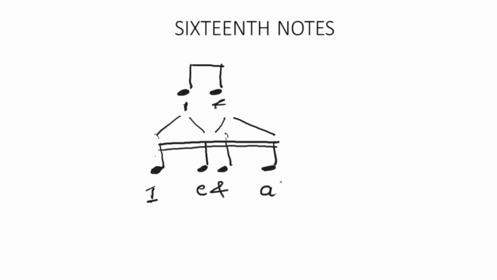So it will be 1 E and A, 1 E and A, 1 E and A, 1 E and A. You see how that maintains the value easily and correctly? So it's 1 E and A, 1 E and A, 1 E and A, 1 E. That's it. This way simplifies our reading and correct playing of the 16th notes.